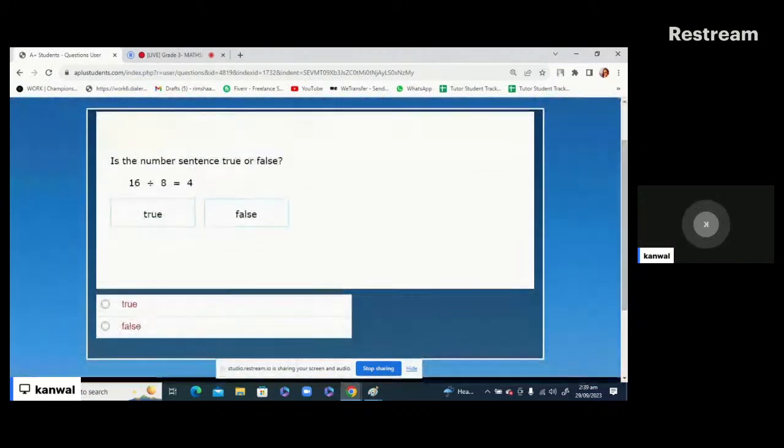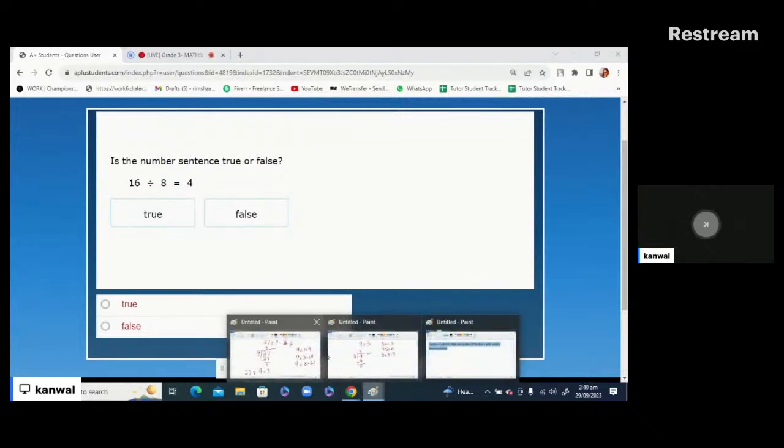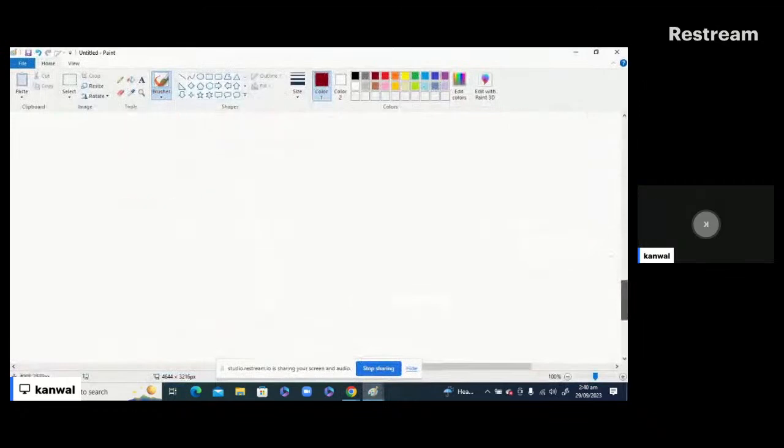Okay, is the number sentence true or false? 16 divided by 8 equals 4. Is that true or false? Let's check that, okay? So we put the 16 inside, 8 is outside.